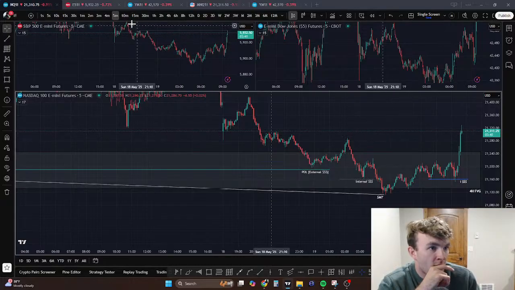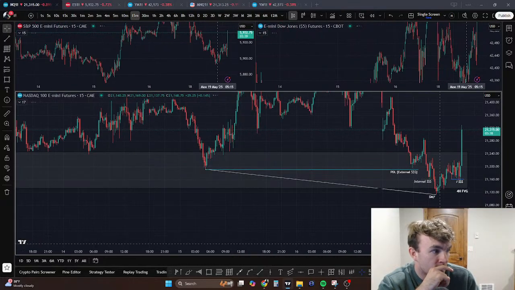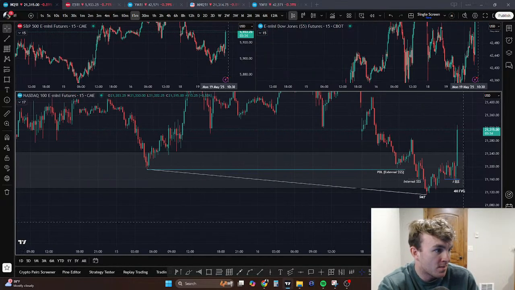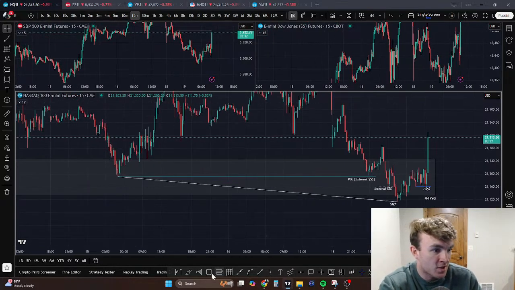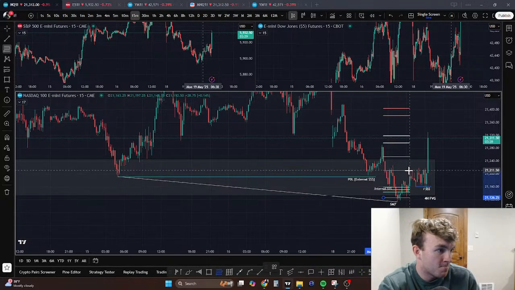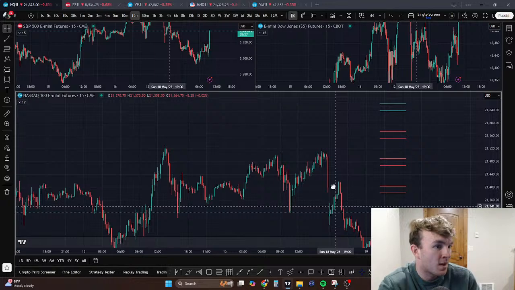So this was a 4 hour fair value gap. Clearly, we've now gotten a 15-minute change of state of delivery. So we're going to measure out our standard deviations. I mean, at this point, it's pretty obvious displacement.